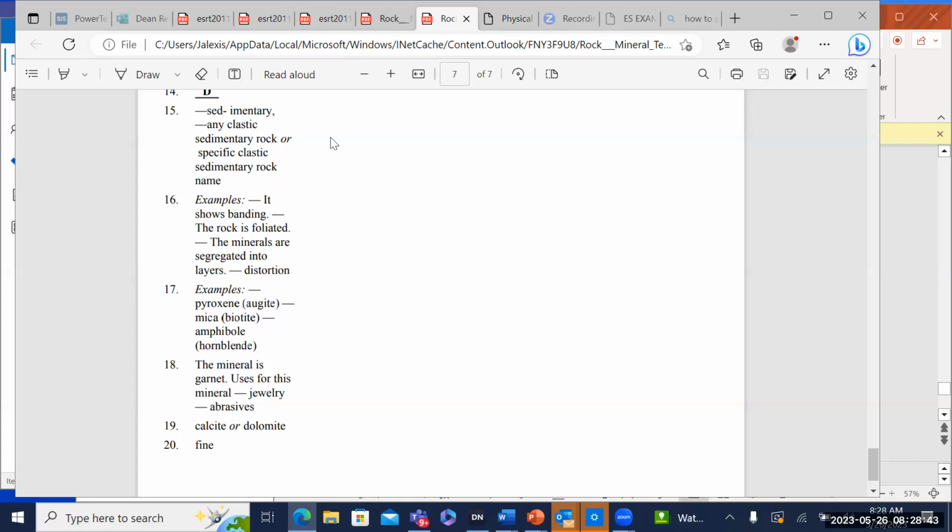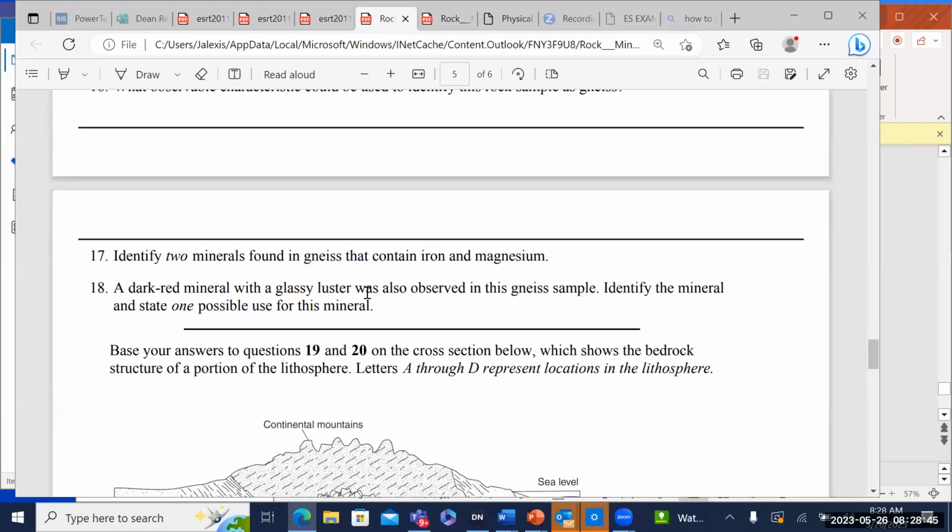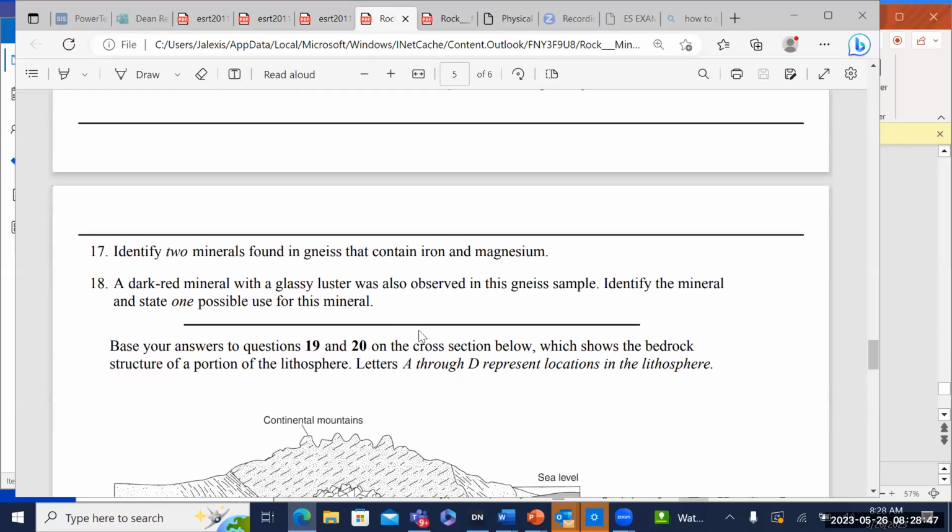All right. Number 18 says, a dark red mineral with a glassy luster was observed in this gneiss sample. Identify the mineral and state one possible use for this mineral. So a dark red mineral with a glassy luster.